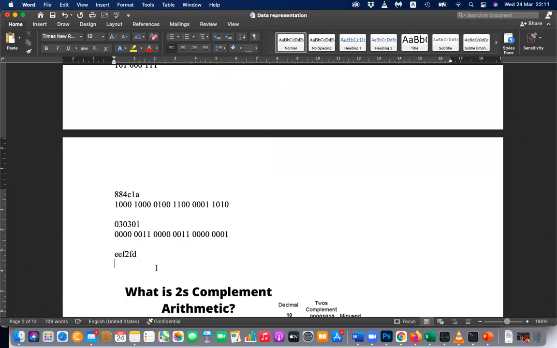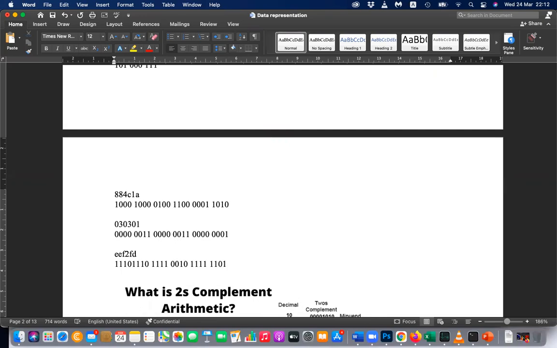More lighter, the number is high. E means 1110, F means 1111, 2 means 0010, and F means 1111, and D means A, B, C, D. D means C plus 1. Okay, this is how the color is generated.